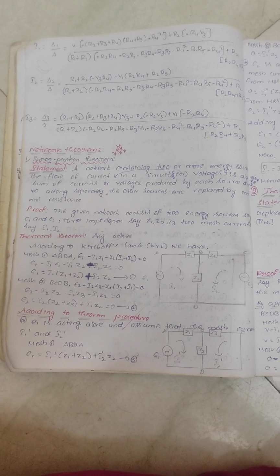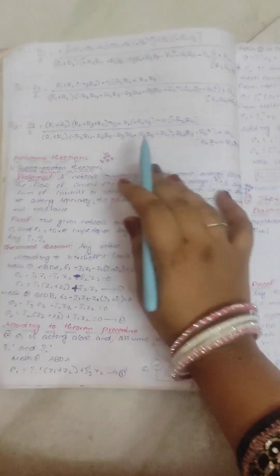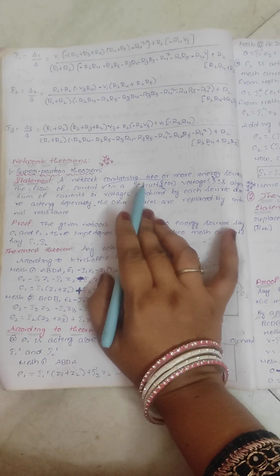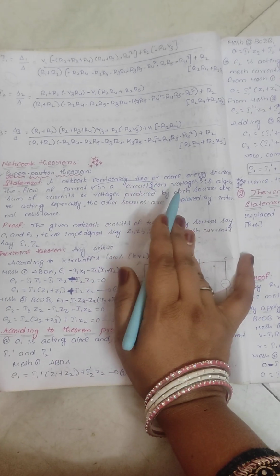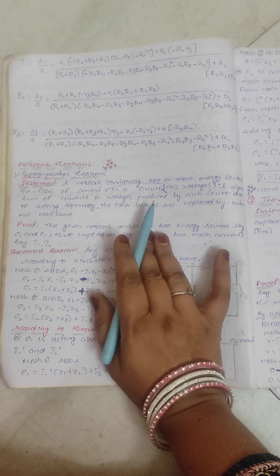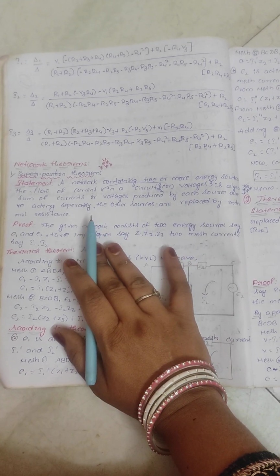A network containing two or more energy sources. The flow of current in a circuit or voltage is the algebraic sum of the currents or voltages produced by each source acting separately.